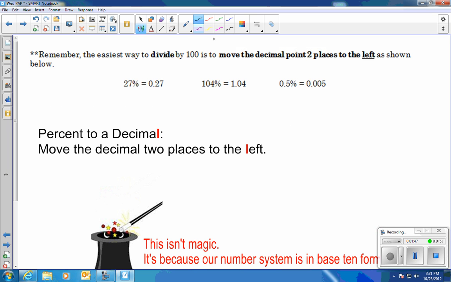If we are dividing by 100, we're making the number smaller, so we take that decimal and move it back twice, to the left.